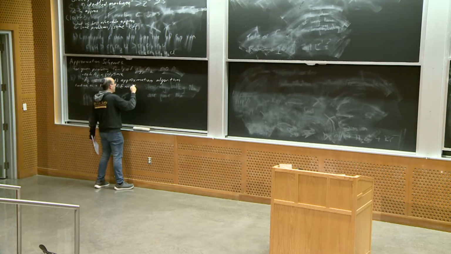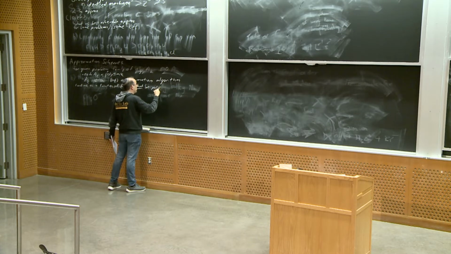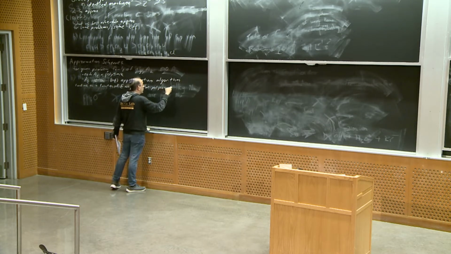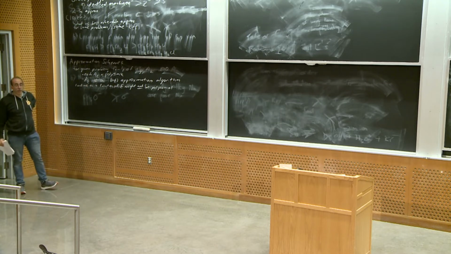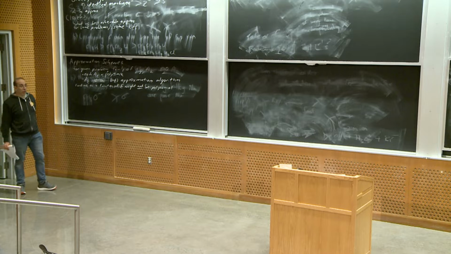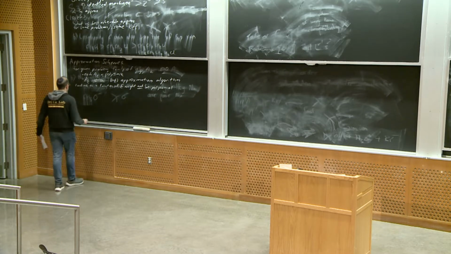And that might not be polynomial. So all that is required is that for each specific epsilon, you have a polynomial time algorithm. But it may be that as epsilon gets really small, the runtime of the individual algorithms turns into a worse and worse polynomial. Okay? And we're going to see that.